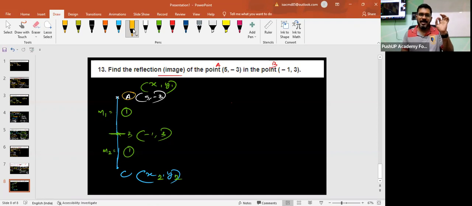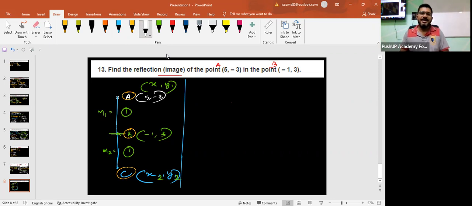There was a point A which was getting reflected in point B, and you're getting the image of A over here at point C. What is the distance of the object to the point of reflection? The same as the distance of the image to the point of reflection. So AB and BC are equal. That is why we can apply midpoint formula. Okay, Aditya, now it is clear.